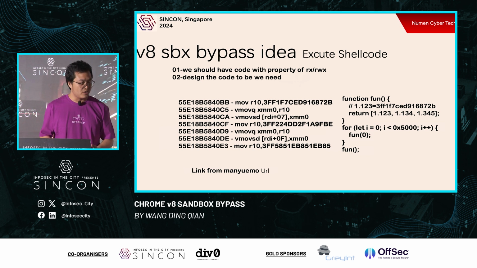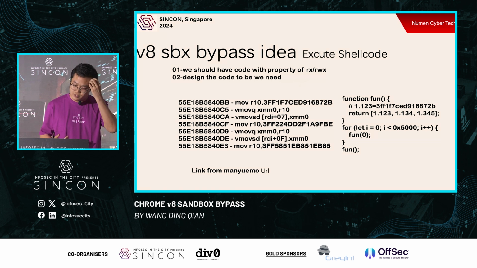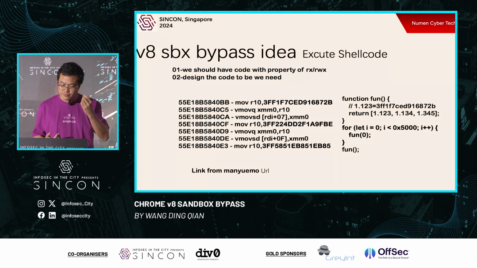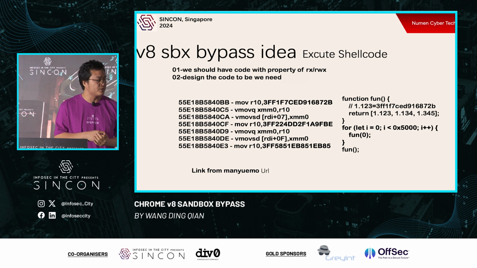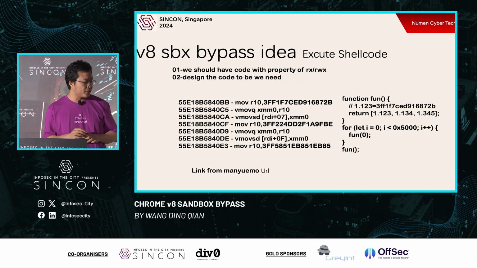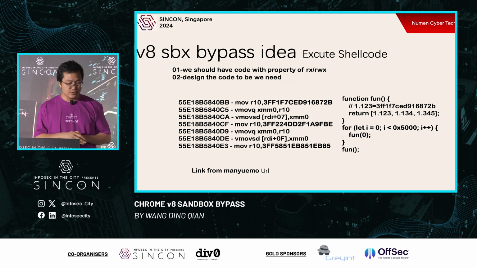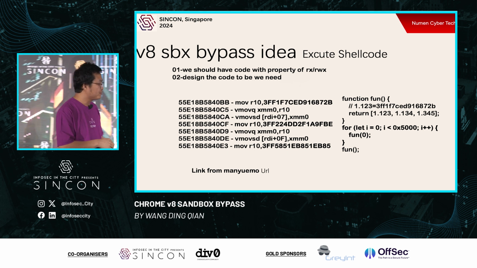So this will block it, even though you can hijack the pointer, because in the second stage we need to execute some shellcode, and the shellcode is this number. I'm going to show you.